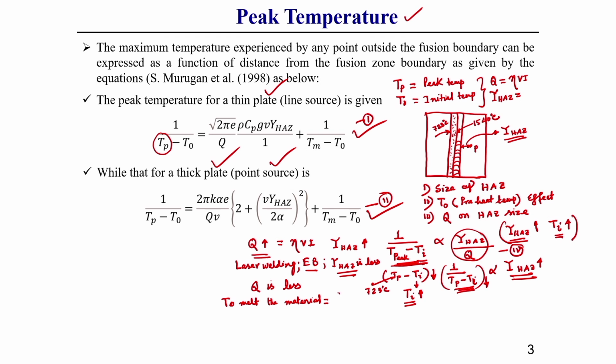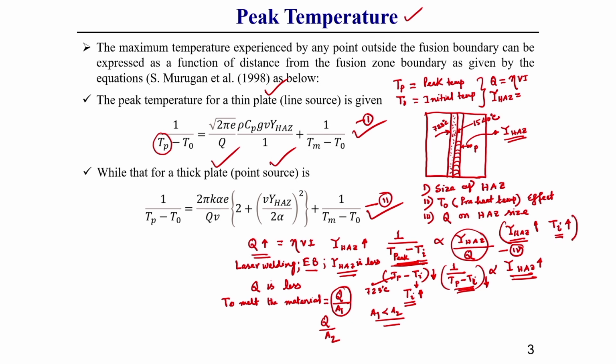You see, for a particular heat input Q, if it is put in an area A1, and if the same heat input is put in an area A2, and A1 is less than A2, then what happens? This heat flux will increase.